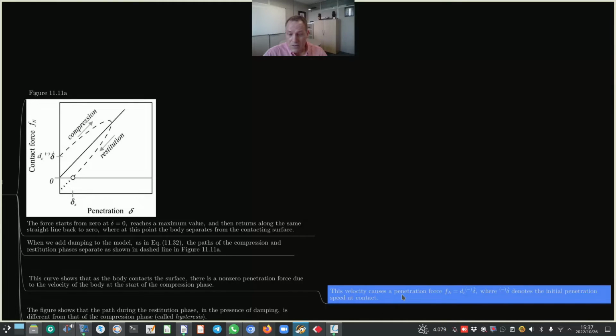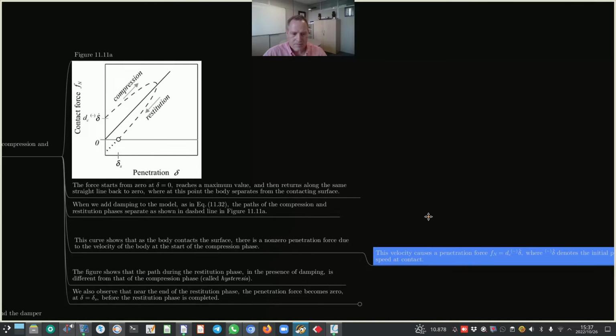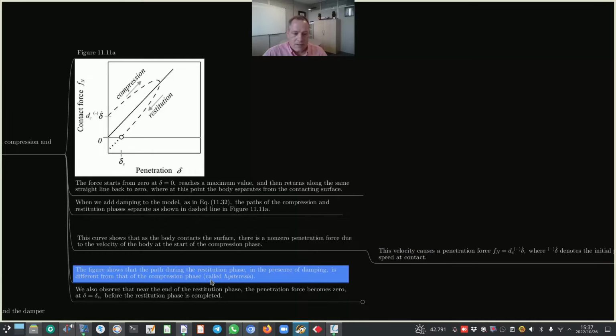Now this velocity causes a penetration force, which we already mentioned and showed here in figure 11.11a, where this rate of change of deformation denotes the initial penetration speed at contact. The figure shows that the path during the restitution phase, which is this phase over here, in the presence of damping is different from that of the compression phase. Okay, and this phenomenon is called hysteresis.